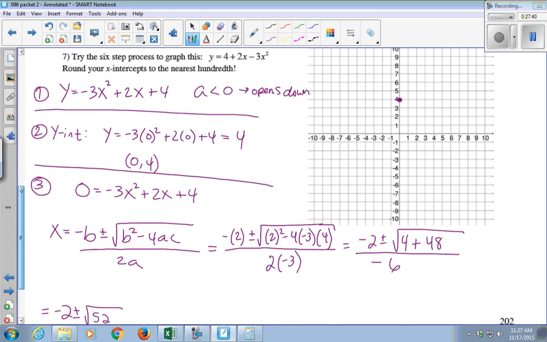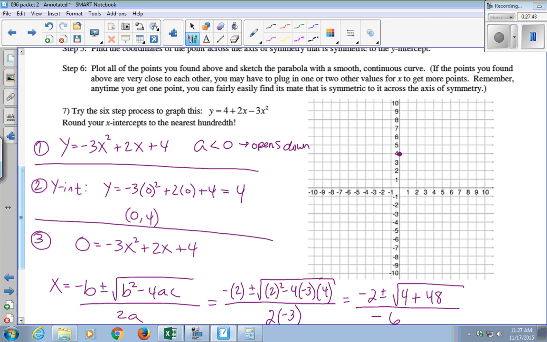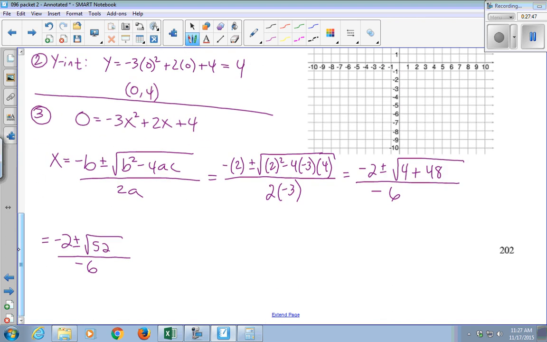All right. If you noticed in the directions, they said round your x-intercepts to the nearest hundredth. So I'm just going to use my calculator to figure this out. So this is actually 2 separate x-intercepts, -2 plus square root 52 over -6, or -2 minus square root 52 over -6.